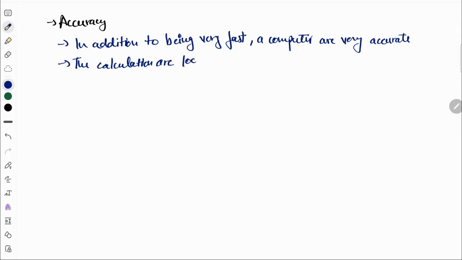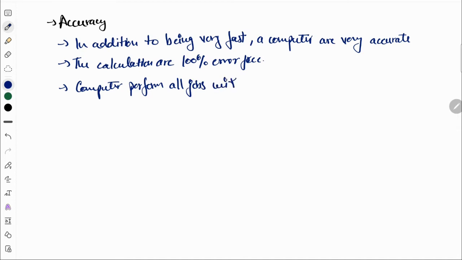Computer performs all jobs with 100% accuracy, provided that the input is correct.